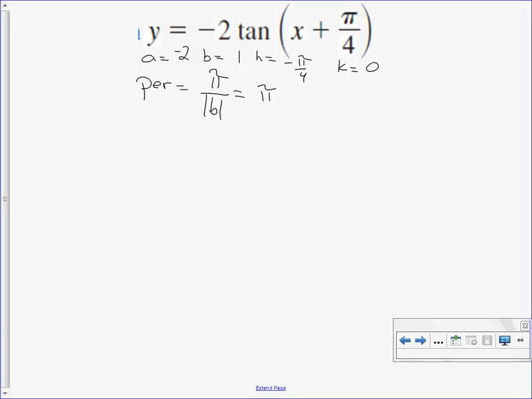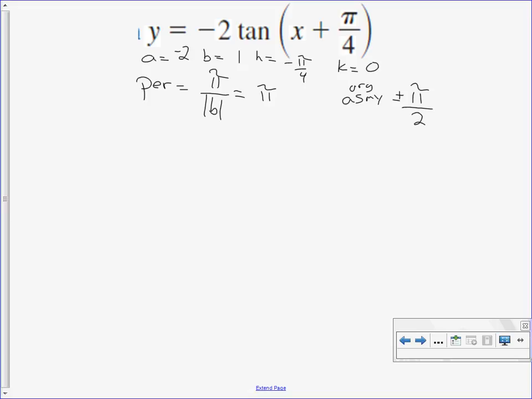Now, the original asymptotes always occur at your period divided by 2. Since the parent function always goes through the origin, I know that my original asymptotes are going to be at plus or minus pi over 2.